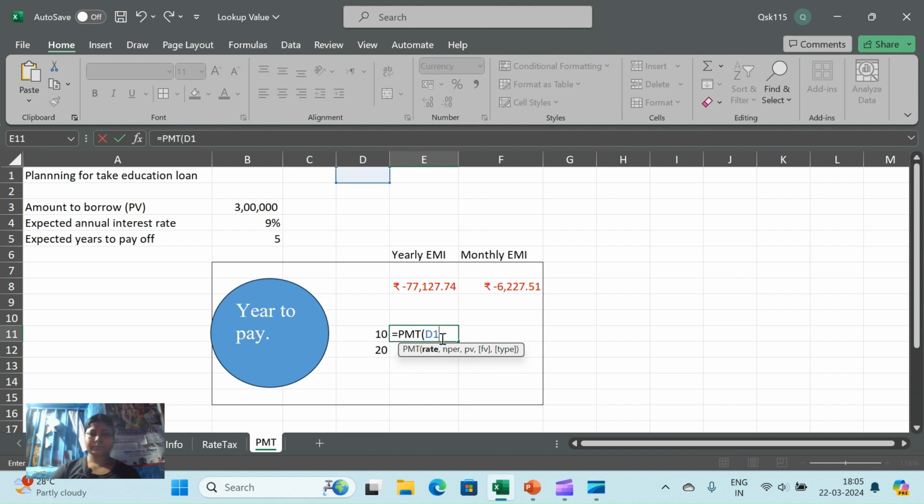Sorry, first we need to select the rate of interest, which is this, comma. Now we need to select the number of years, which is from here, comma. Now we need to select the principal value from here. Now close your bracket, enter. You got the answer, right?